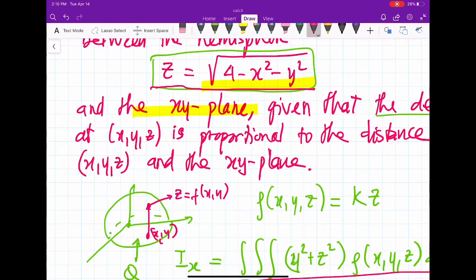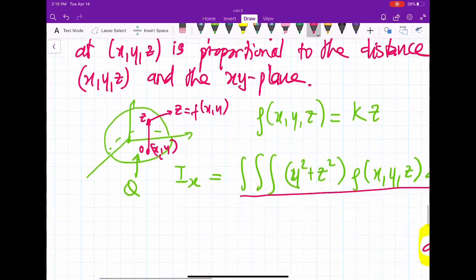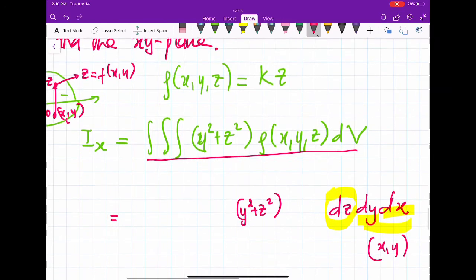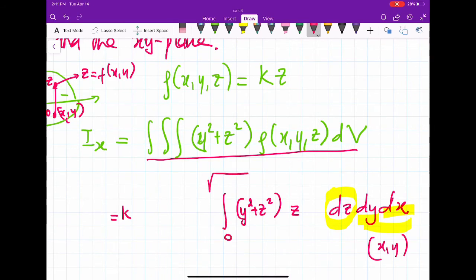So the interval is from 0 to z. I have the following one. The function, I copy y squared plus z squared. Rho is kz, so I write z in here. I will take k out. The integral with respect to z from 0 to square root of 4 minus x squared minus y squared. All right, so we're done with the z.